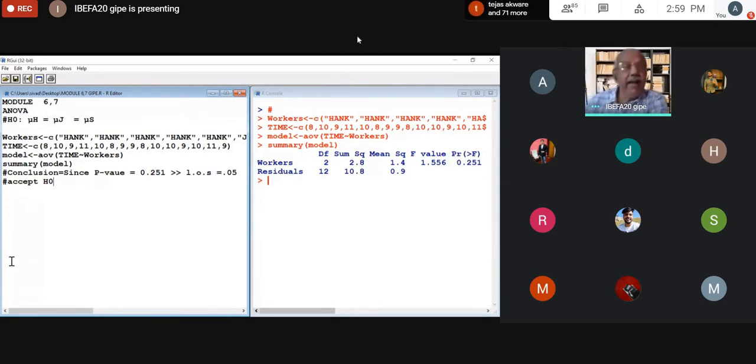But parameters need not be up to 2, it can be any number. So wherever the parameters are more than 2, ANOVA technique will be used.